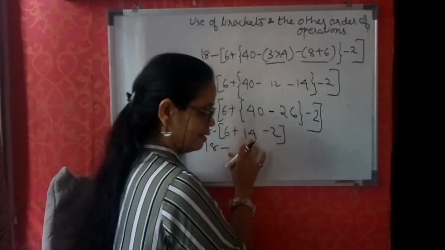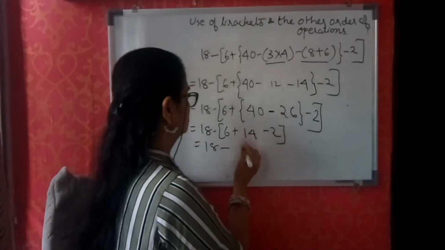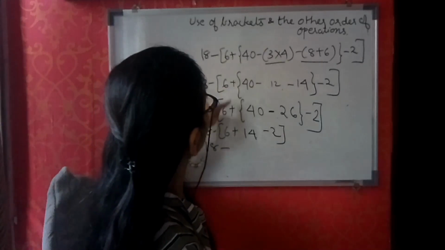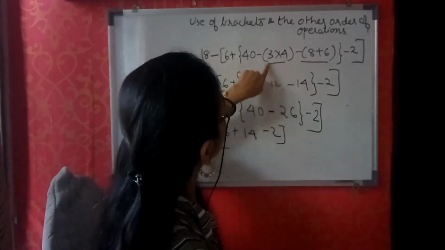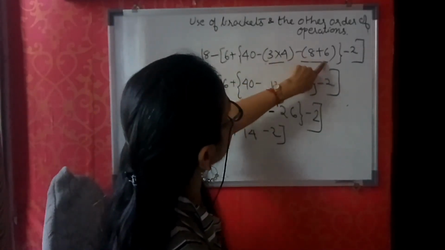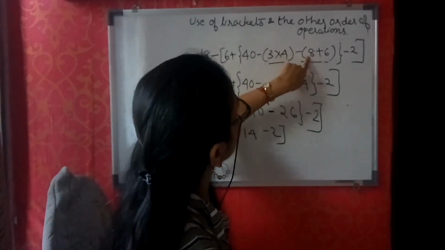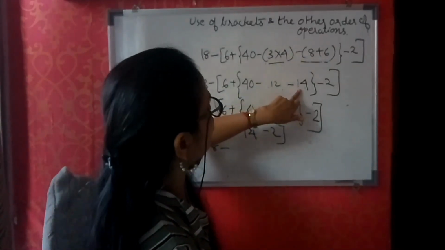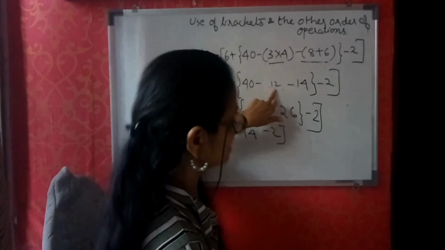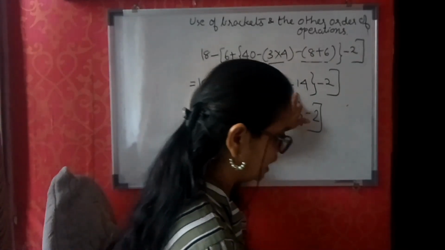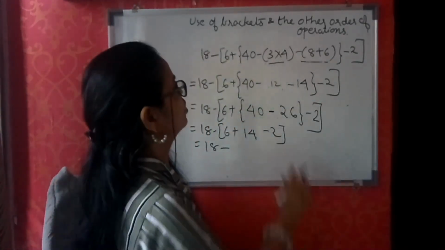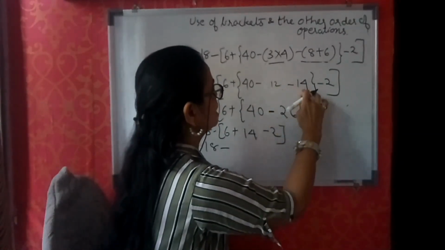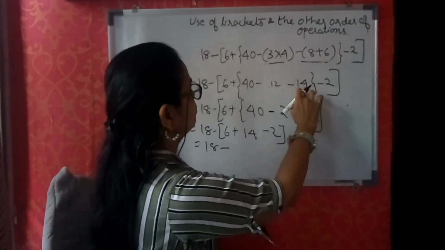Now 6 plus 40 minus 12 minus 14 and this minus 2. So minus 12 and minus 14. What will you do now?